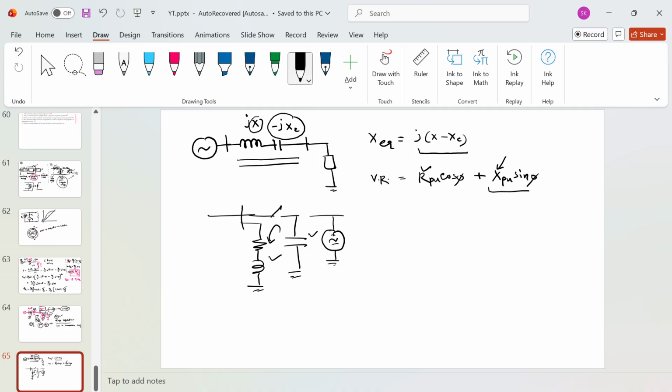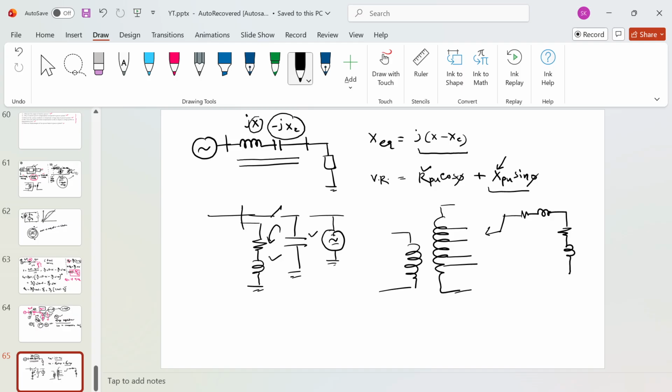Also, you can use tap changing transformers. Let's say you have a two winding transformer, a step up voltage transformer, and you are taking several taps. This is your transmission line, this is your inductive load, and the tap was initially connected here, but because of the heavy inductive load you are getting much more drop here.